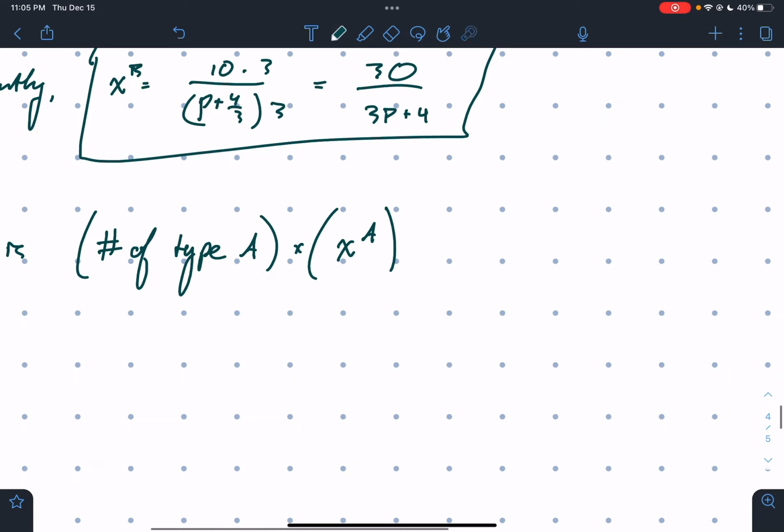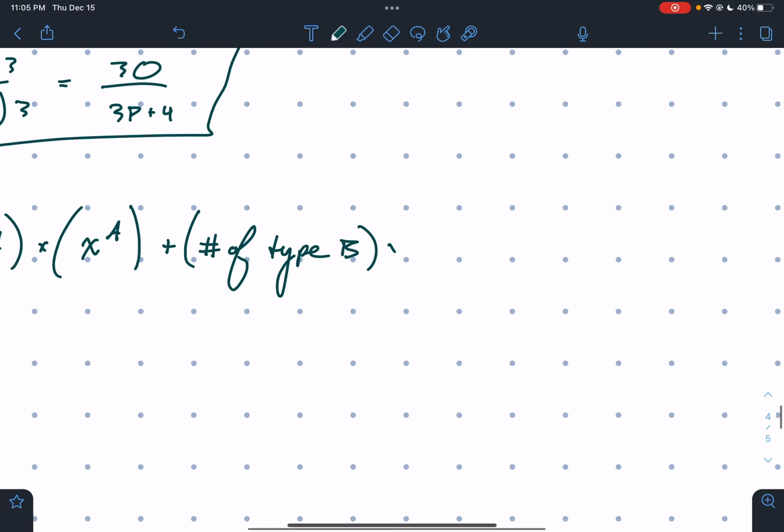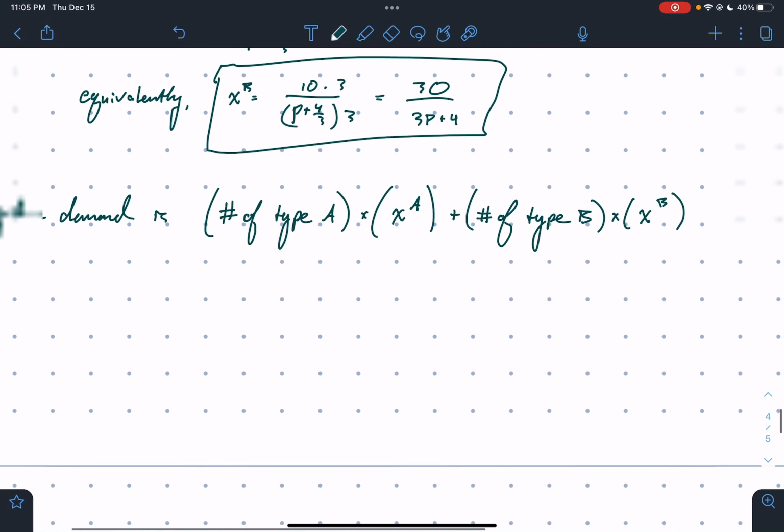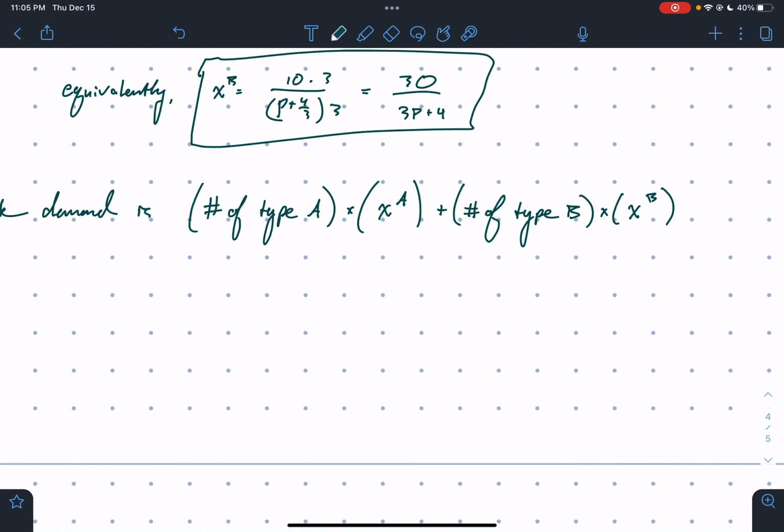So it's the number of type A times the demand for type A plus the number of type B times the demand for type B. So this is the aggregate demand. I'm just going to plug in the things that I found up here.